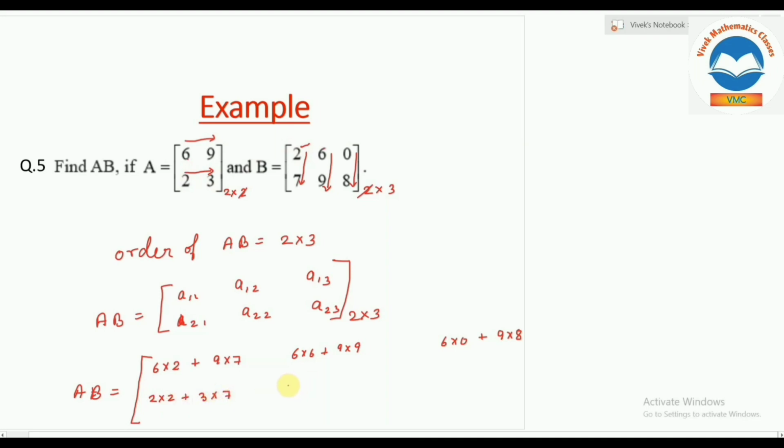Next A22, second row, second column: 2 into 6 plus 3 into 9. What about A23, second row, third column: 2 into 0 plus 3 into 8. That's all. You simplify this and you will get the answer. So this will be your AB matrix.